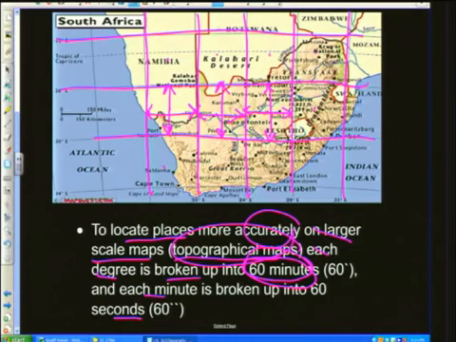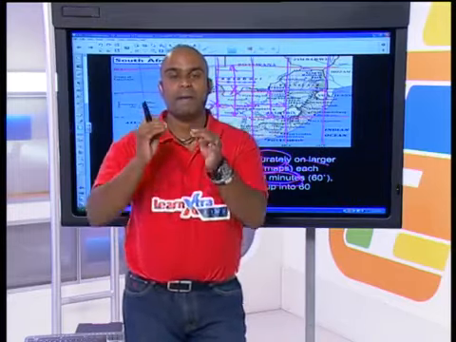Each latitude has a distance of 60 minutes. When we break these up further into their component degrees, these lines are divided according to 60-minute and 60-second intervals.